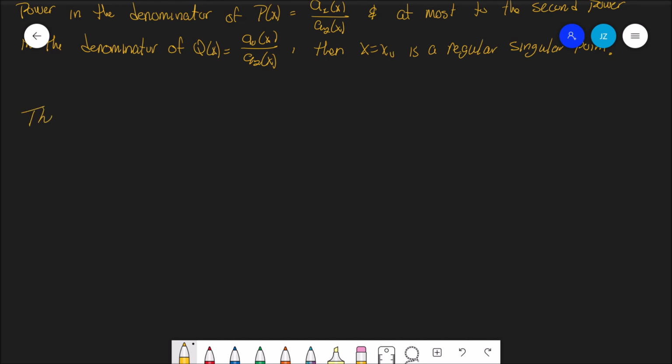And the theorem we use is called Frobenius's theorem.